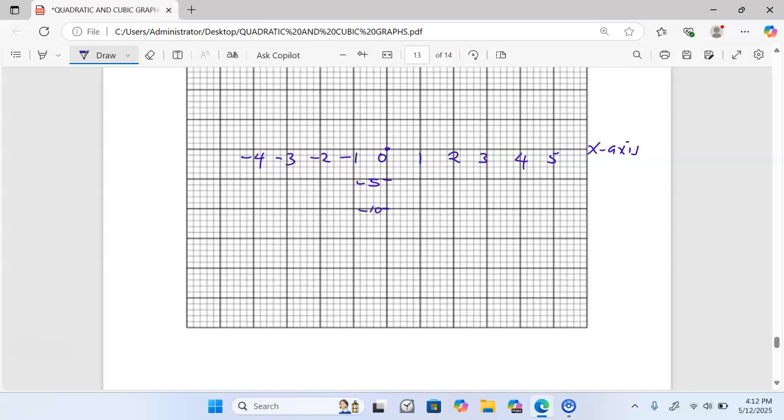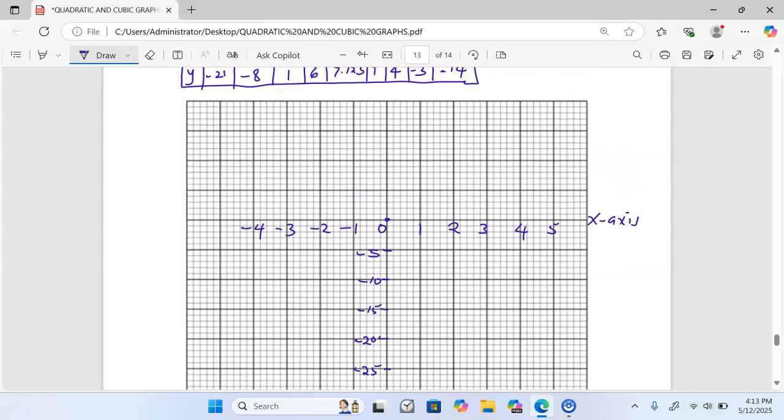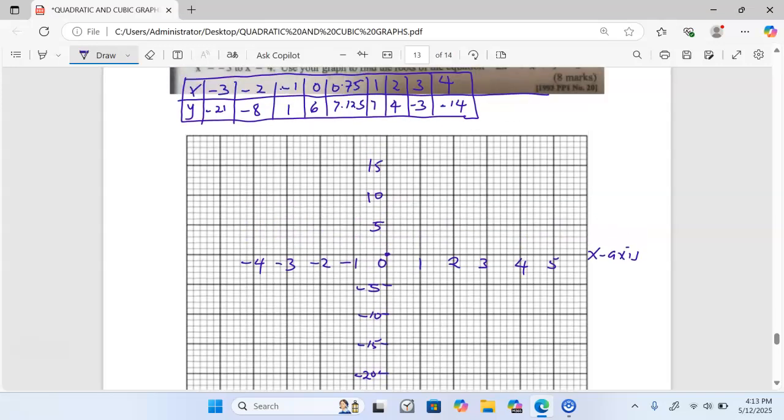Then we have -10, -15, -20, and probably -25, so that we can accommodate 21. Then upwards we are going to have 5, 10, 15. This is going to be our y-axis.